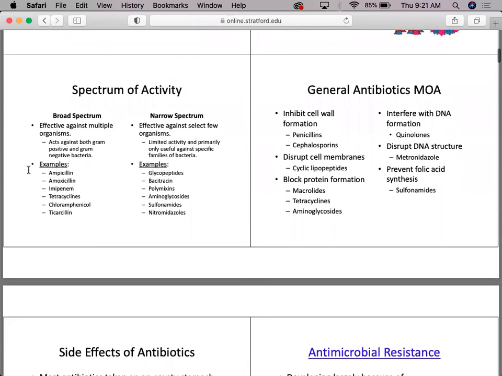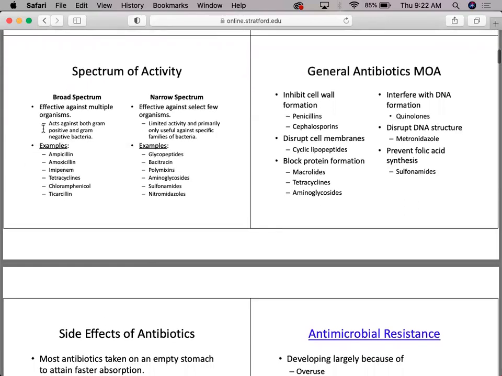I'm not going to do that. I'm more likely to ask a question like, ampicillin can act against both gram-positive and gram-negative bacteria. Is that considered A, broad spectrum, B, narrow spectrum, C, both, D, neither? And if it could hit multiple types of bacteria, you know that's definitely broad spectrum, okay?